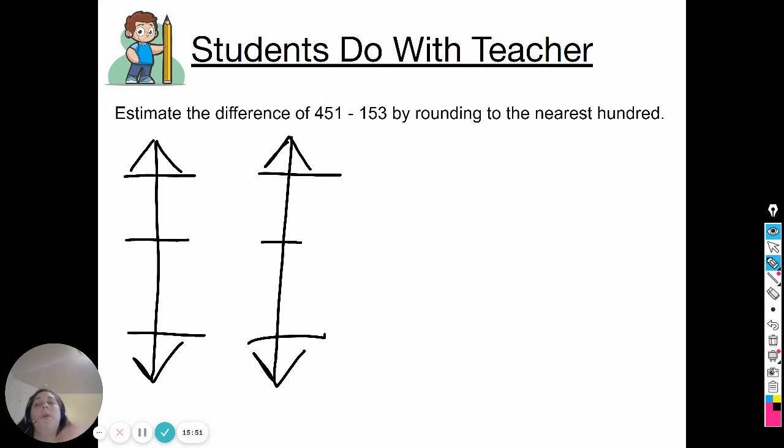Let's go ahead and start by rounding our first number to the nearest hundreds. So look in the hundreds place. We have a 4, so our bottom number will be 400. To get our top number, we need one more hundred. 4 plus 1 is 5 hundreds.